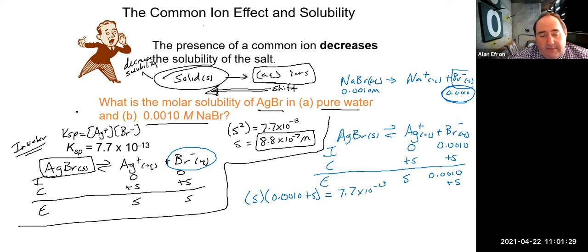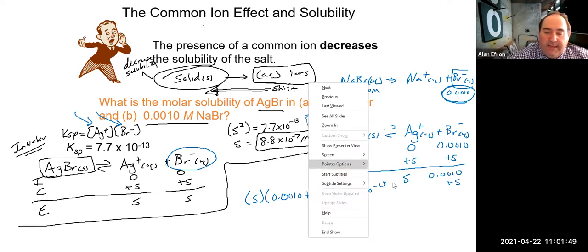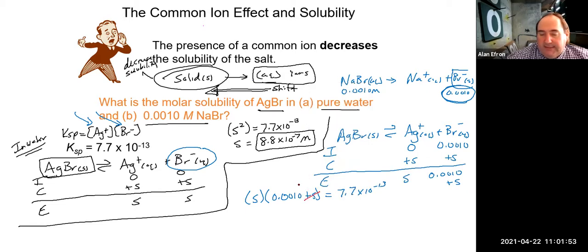Again, at this point, what I'm doing is putting it into our Ksp expression like we did on the other side. What can we do at this point? Well, we don't want to do a lot of calculations, right? So this is definitely a small value of K for sure, like most Ksp values will be. And what that means is I can assume, much like I assume X is equal to 0, that S will equal 0 in the 0.001 plus S term.